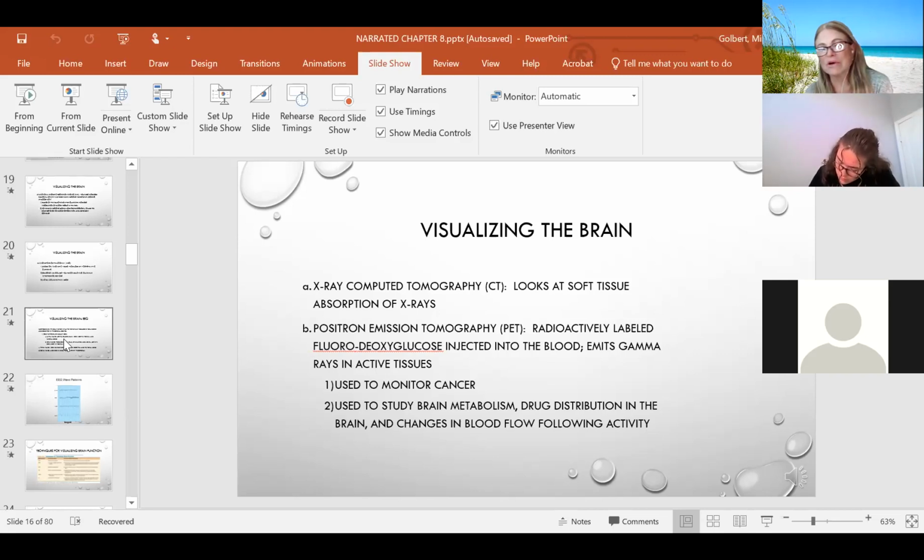So of course you have computer tomography, which is called the CT scan. You have PET, which is positron emission tomography. And this is where you inject the patient with the radioactive solution. And then where tissues are active, you can see an enhanced color or emission that you can monitor.